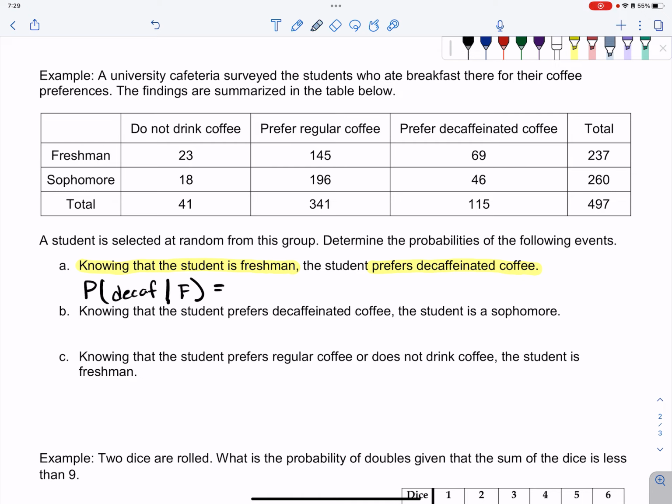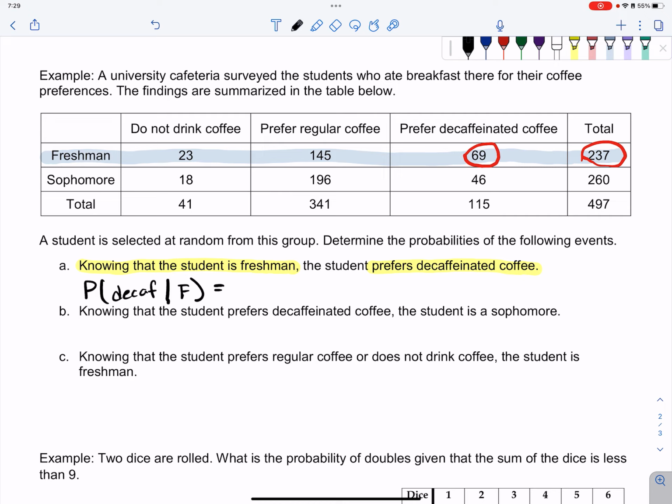So now I'm going to look at my freshman row because that is what we know has already happened. We know that they are a freshman. And from only that row, let's find the probability that they prefer decaf coffee. Well, there's 69 freshmen that prefer decaf out of the 237 freshmen.